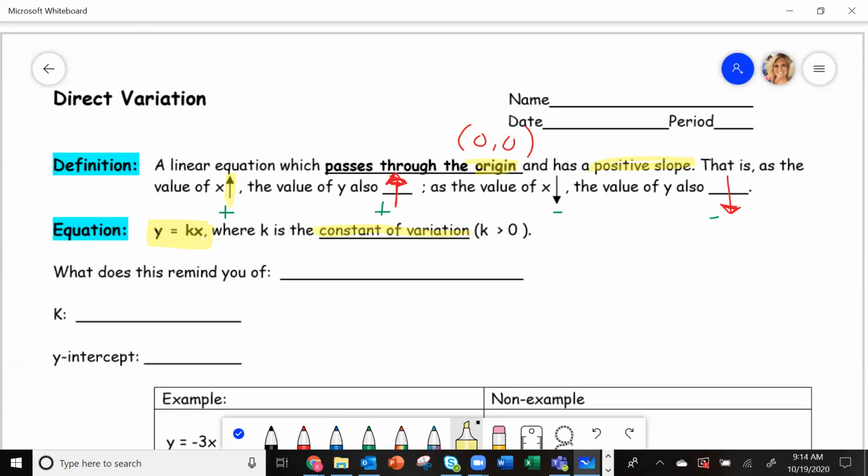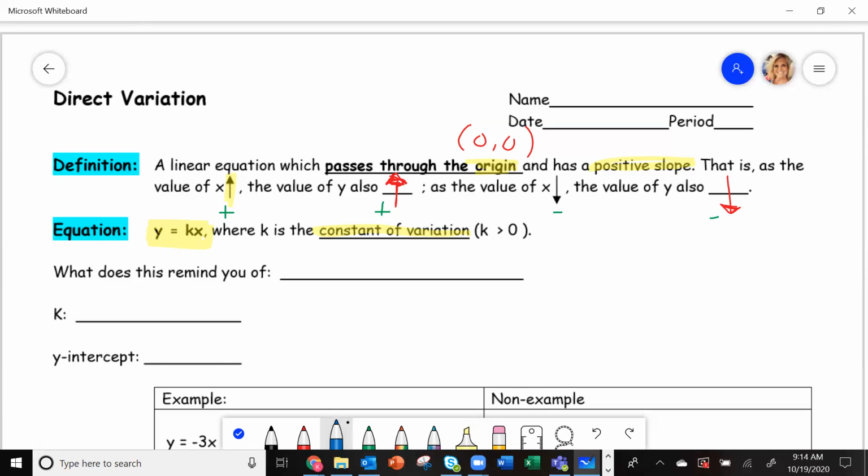Basically, it means what it's changing by. For example, if you were selling candy bars for $2 each, that k value is 2 because every time you sell one, it's $2.